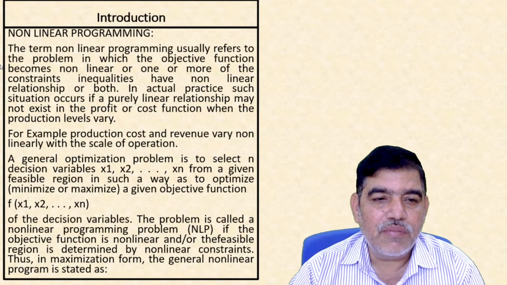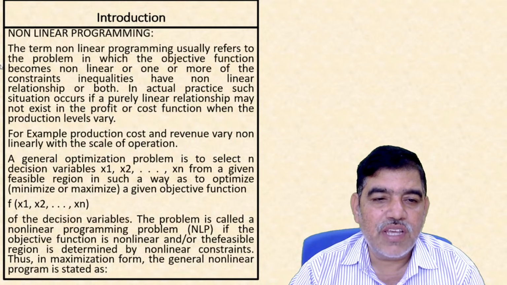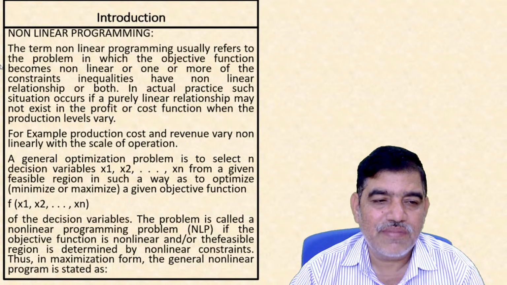For example, production cost and revenue vary non-linearly with the scale of the operations. Meaning it is not a straight line. If you take the points and draw them on graph paper, sometimes it is not a straight line, it's just like a curve.